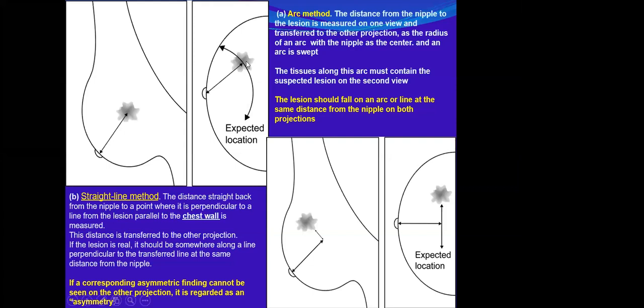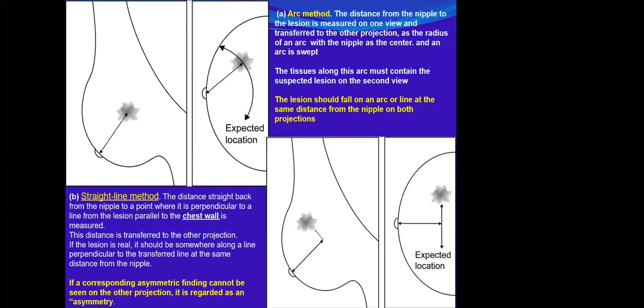Then we use it as the radius of an arc, and we sweep the arc through that area. We expect the lesion or abnormality to be seen within the tissue along this arc. If we can see it, that means it is a focal asymmetry.